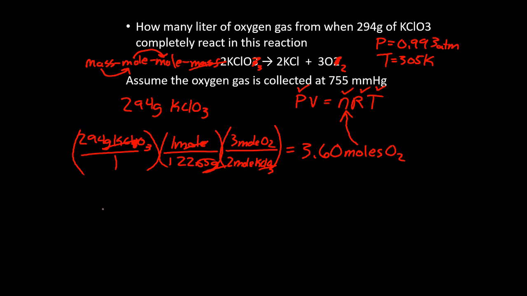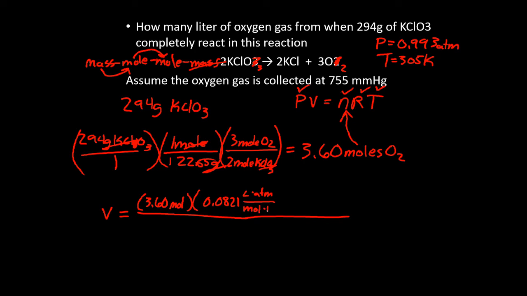So we now have everything that we need. I'm going to go ahead and do the algebra first here. I'm just going to divide both sides by P. So the volume is equal to 3.6 moles times 0.0821 liter atmospheres per mole K. So many units. 305 Kelvin divided by 0.993 atmospheres.